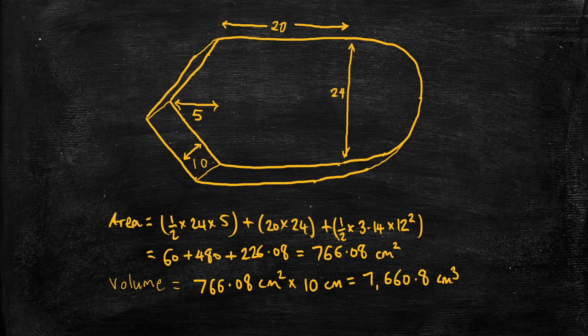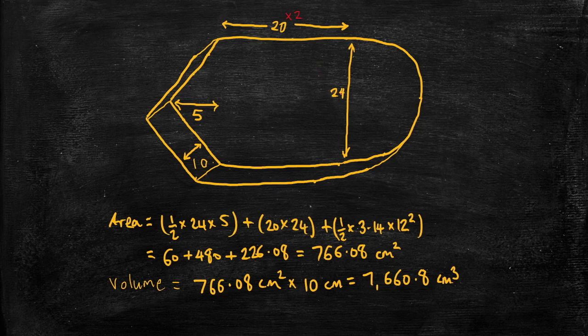Now let's suppose we think about scaling. So scaling is where we take the measurements and we increase them by a factor or decrease them by a factor. So for example, let's suppose we took this 20 along the top of this shape and multiplied it by 2 to become 40.